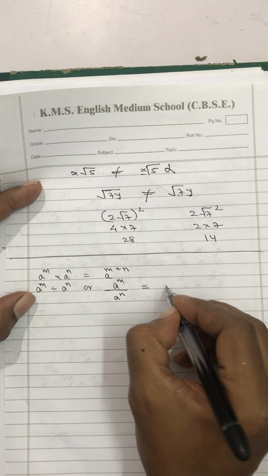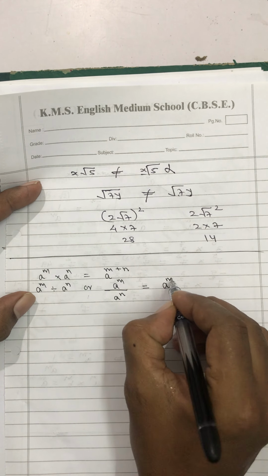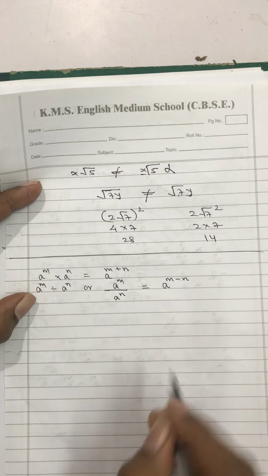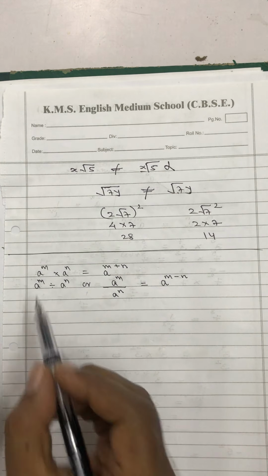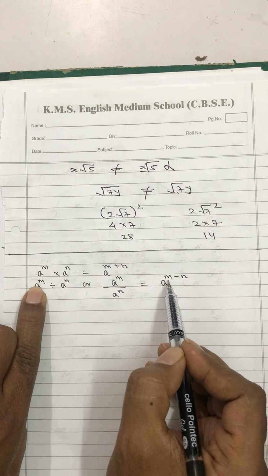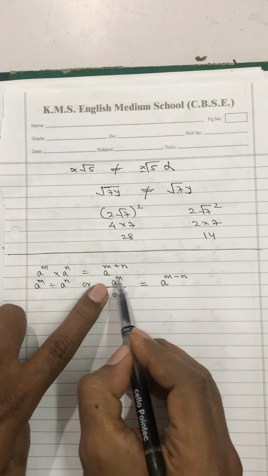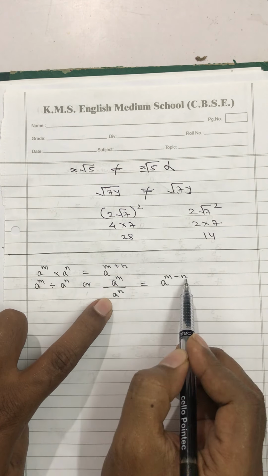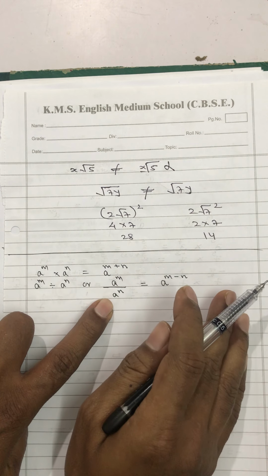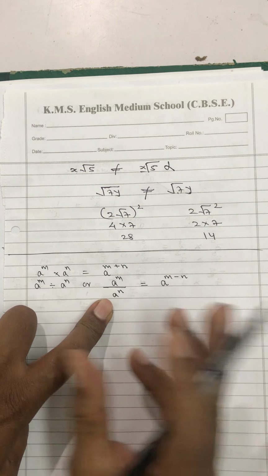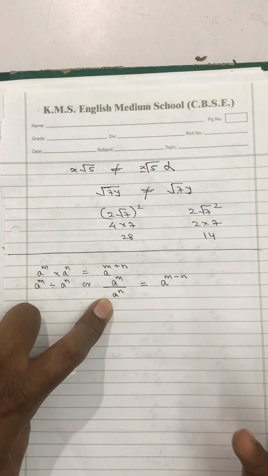Then what happens? You copy the base once and the powers subtract. Remember here, the first power should be written first and the second power should be written second. The numerator power will be written first, the denominator power will be written afterwards. You can't change this order, otherwise again the meaning changes.